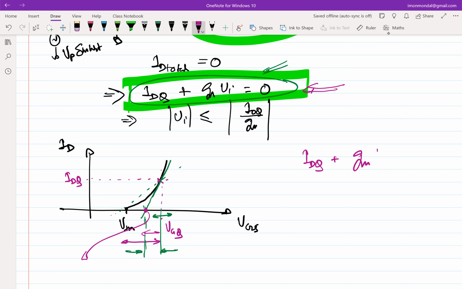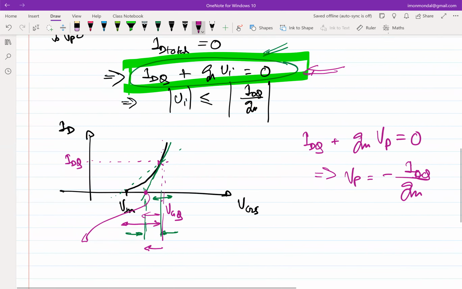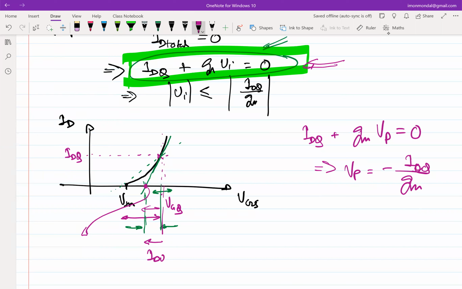Let's call it VP. This I am setting to 0, which means how far can VP go from the quiescent point? We were around the quiescent point here, and how far can I go? This is IDQ by GM, right?